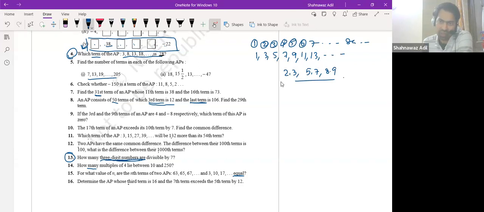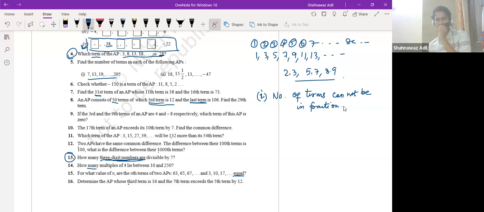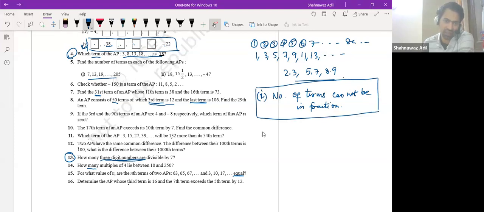So the idea is that the number of terms cannot be a fraction. Keeping this in mind, whenever we get these kinds of questions, the idea that we will use is the same as for irrational numbers.